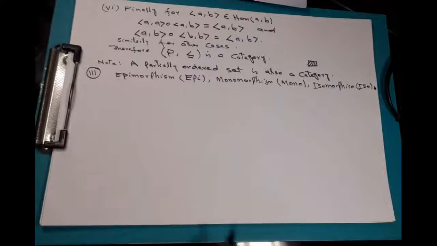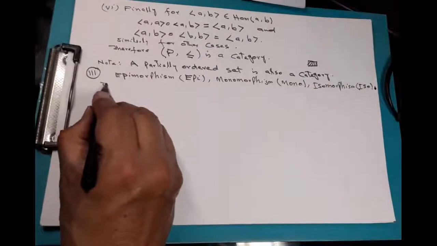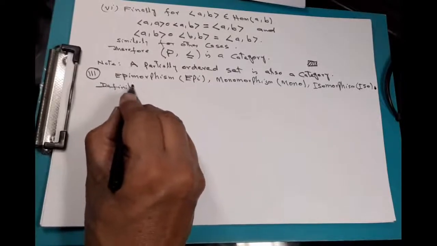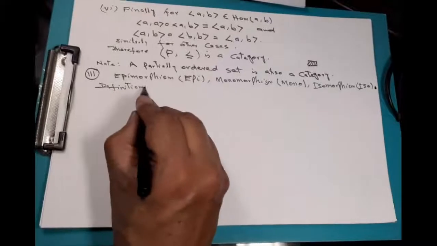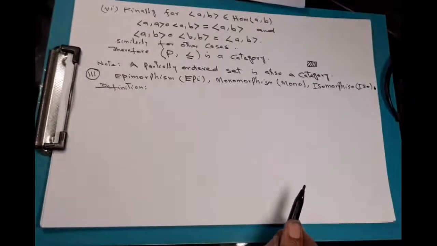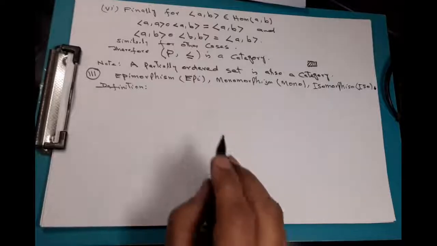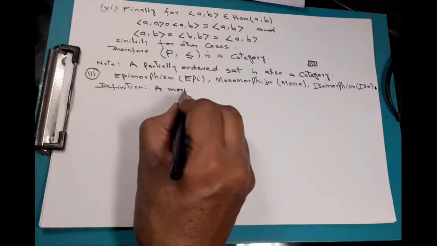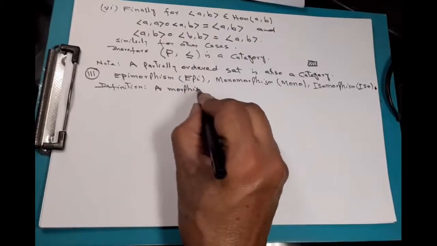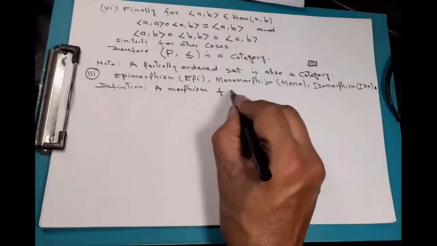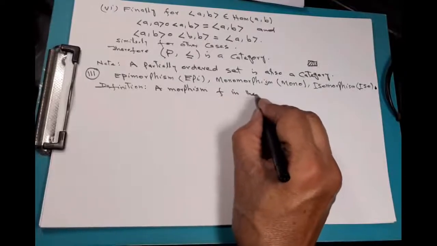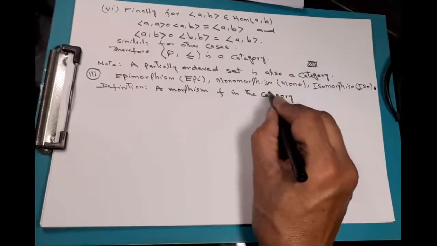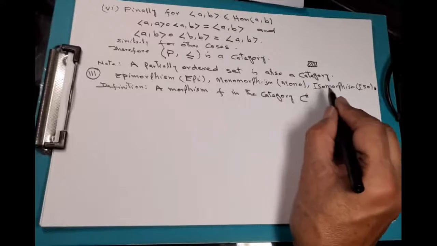So let's define the first definition. And you will feel that we have done this thing in our previous session in the setting of sets. So a morphism F in the category C, and you know that we write C slightly fancy.